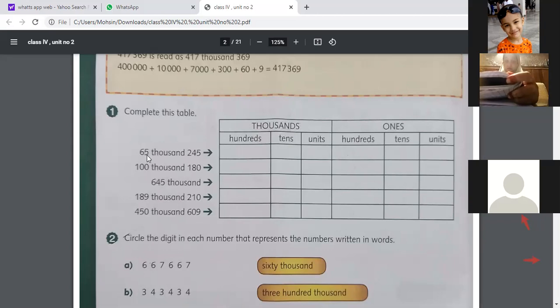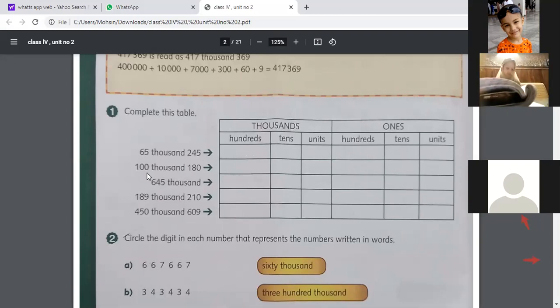So we are going to write 5 here under this unit. And after this one, this 6 is in the tens place, so we are going to write 6 under tens, under the thousands one. We do not have hundreds thousands, so we are not going to write anything here.